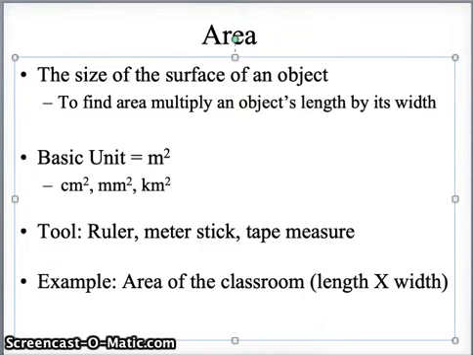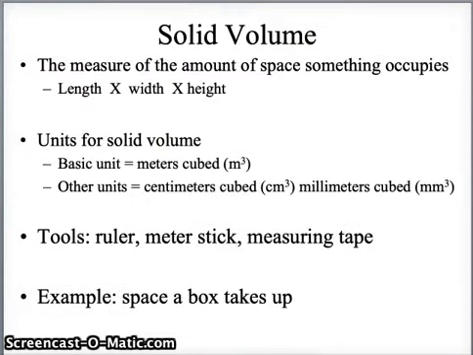Okay, so now let's go to another one you've probably heard, solid volume. Volume is the measurement of the amount of space something occupies, like how much space it takes up. To find volume, we take the object's length times its width times its height. Remember that our unit for length is meters, width is meters, height is meters.